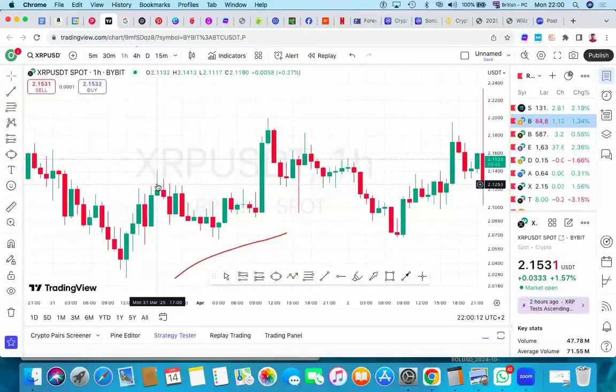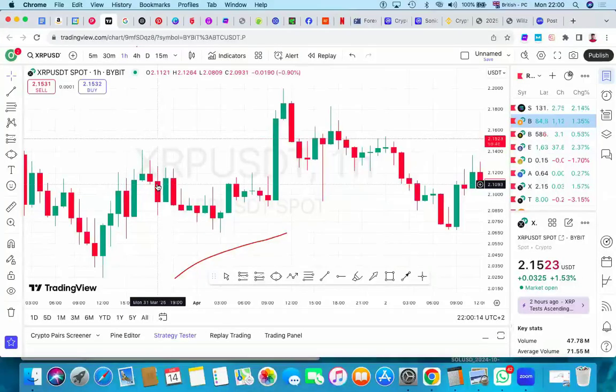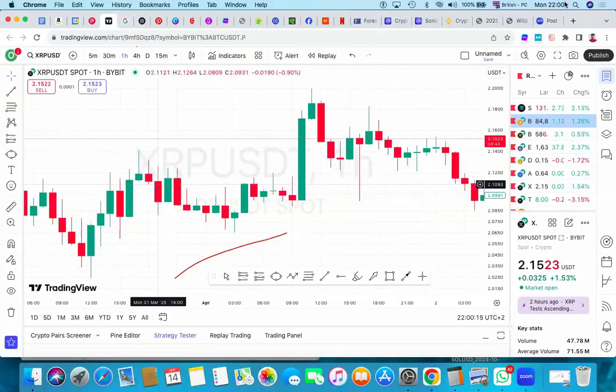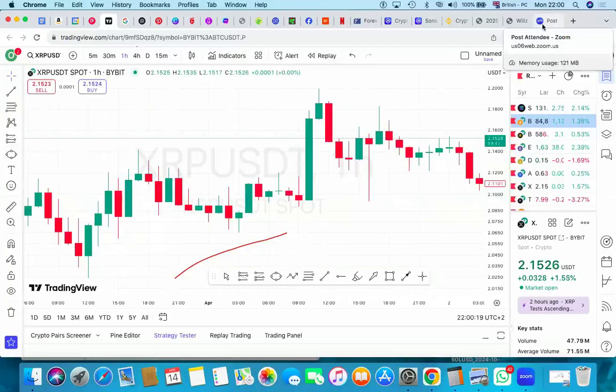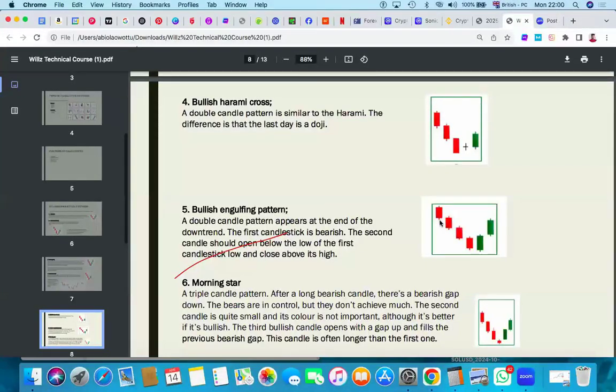So look at here, similar to what we have here. You can see our bullish engulfing right here has this consecutive downtrend, and then you have one, two, at times three candles that will cover up these consecutive three or four candles.